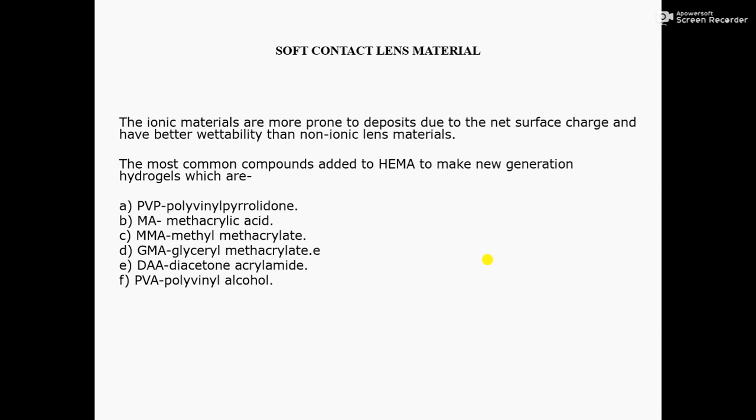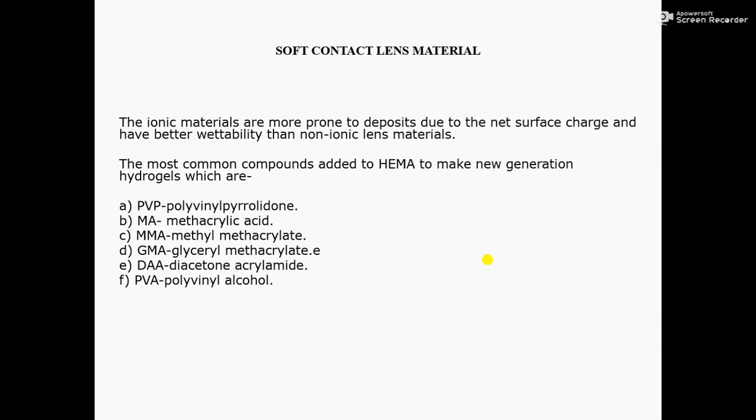So what is ionic? It is a chemical bond formed by the electrostatic attraction of oppositely charged ions. In ionic contact lenses, deposition is high because of the net negative charge. And what is a non-ionic contact lens? It is not ionic, and does not depend on a surface active anion for effect, but on non-ionic surfactants.